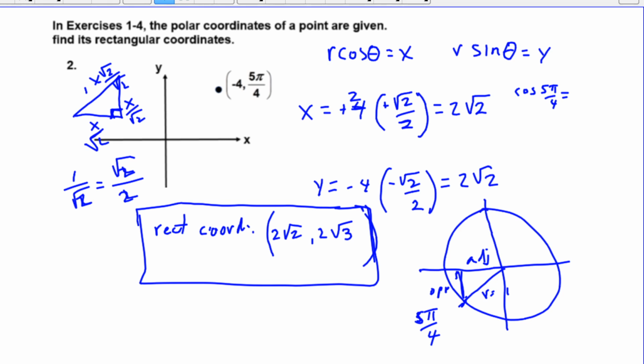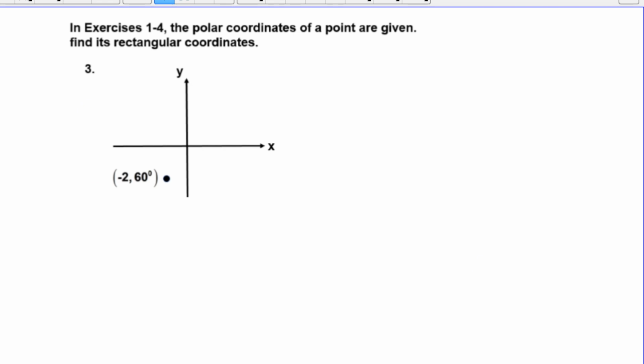Oops, I put square root of 3 here too. There we go. And it's sort of counterintuitive because the point is up here in quadrant 1, but you've got a negative radius. So that's kind of weird about polar coordinates.